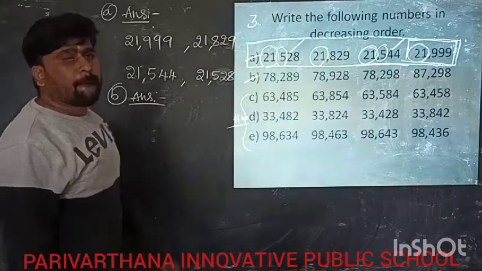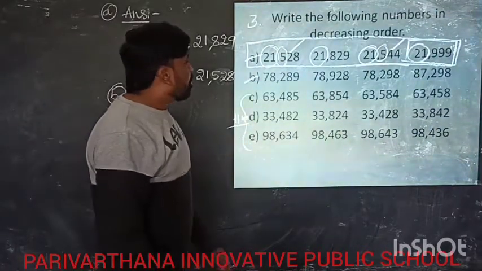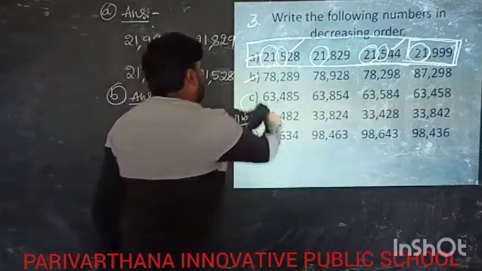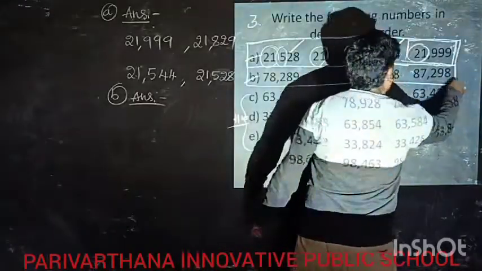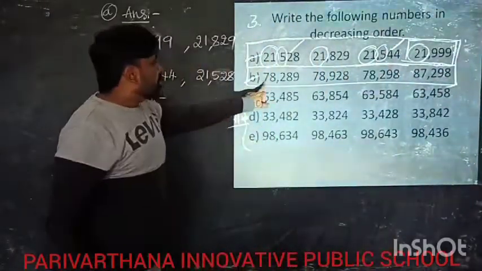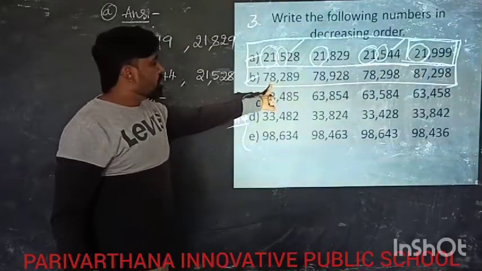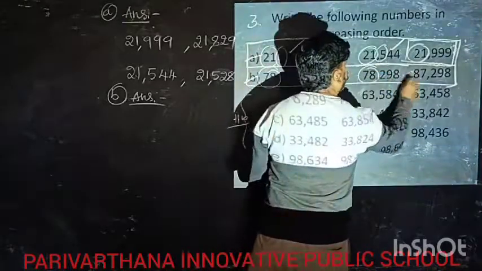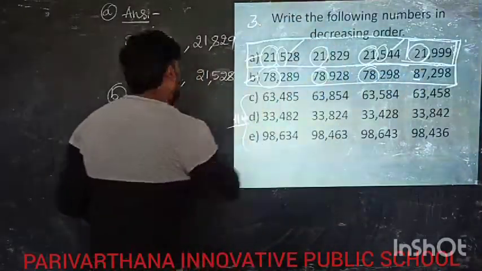Second one, B answer. Okay na? Again count the number of digits. 5. In the second problem also the number of digits will be the same. Here 10,000 place, 1,000 place: 7 8, 7 8, 7 8. Here 8, that is a big number.